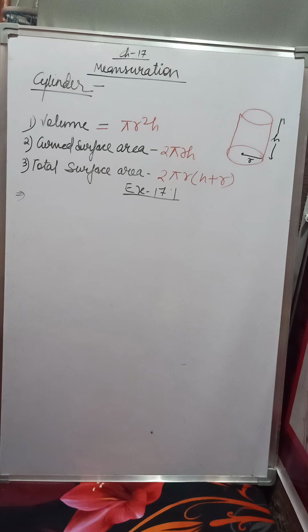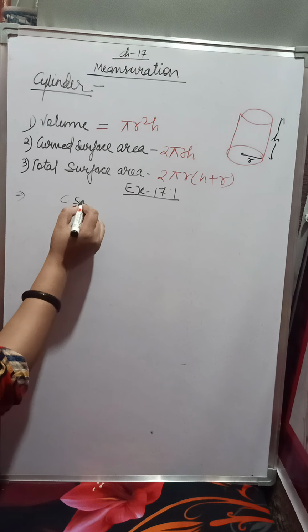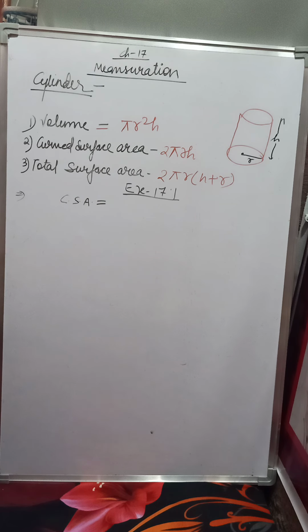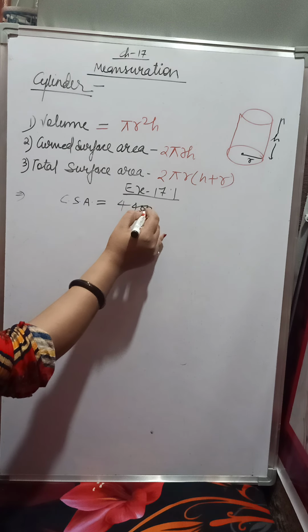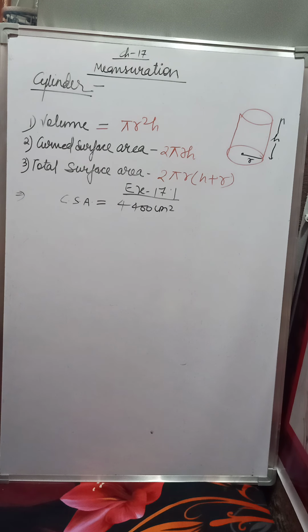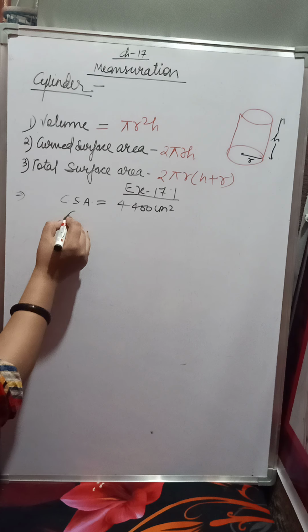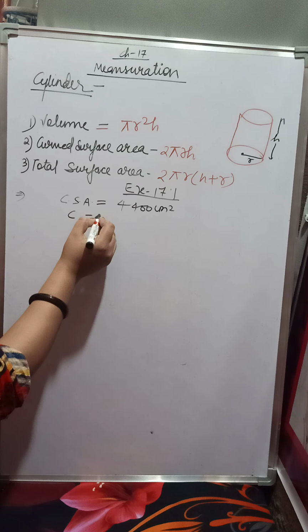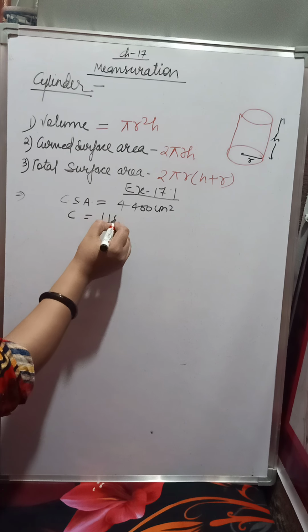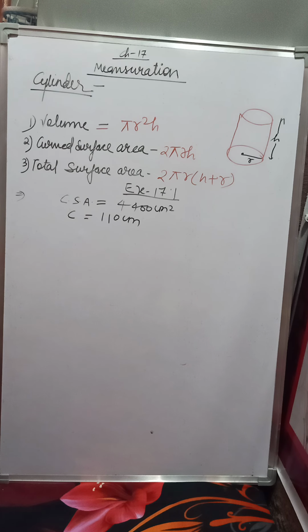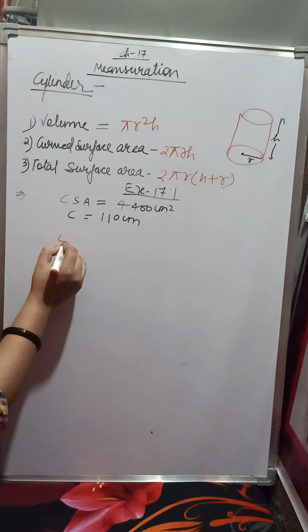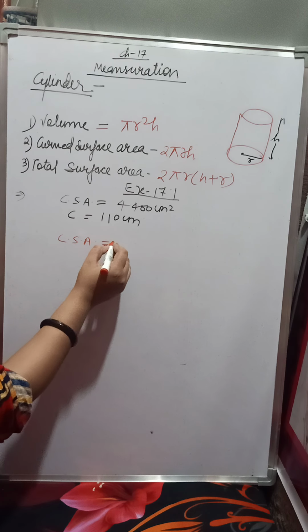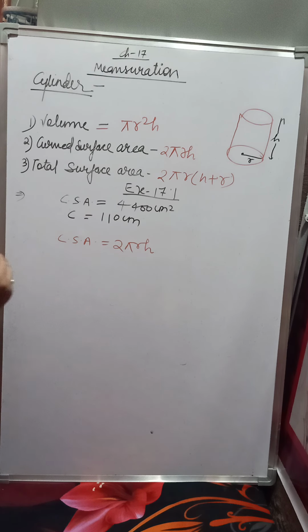It is given that the curved surface area of the cylinder is equal to 4400 centimeter square and the circumference is 110 centimeter. Curved surface area of the cylinder is 2 pi r h.